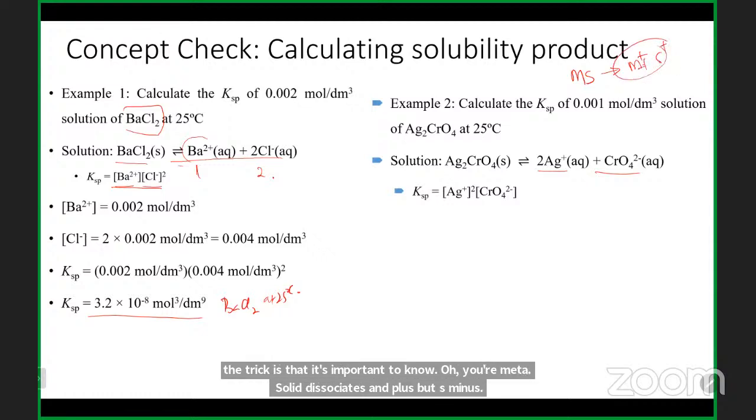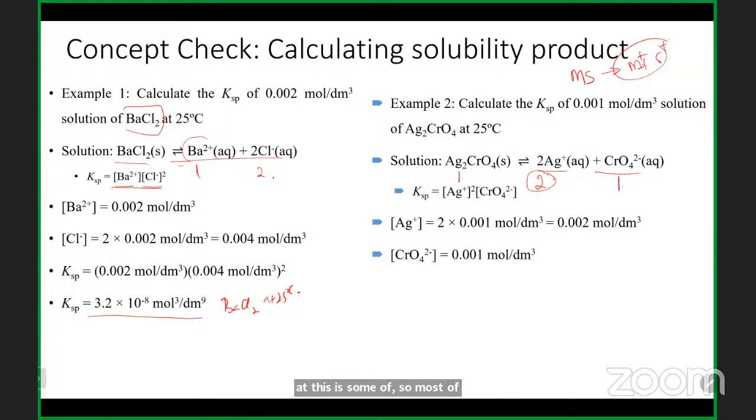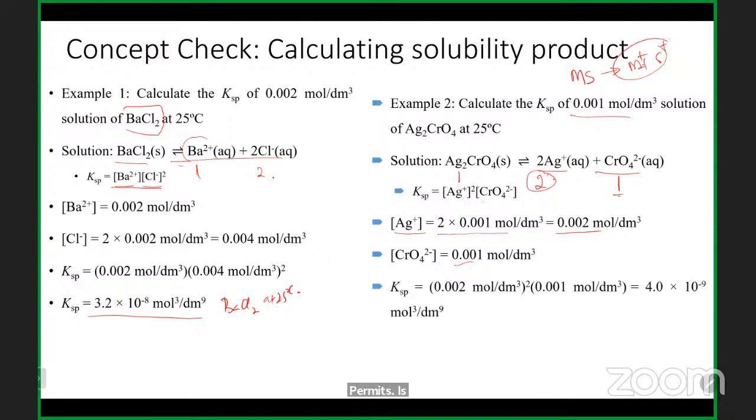That is the important thing to note. And then you look at it, this is 2 moles of that, 1 to 2 to 1. So the concentration of Ag+ is 2 times 0.01 molar, and the concentration of chromate is 0.01 molar. Substitute into that equation and we arrive at this.